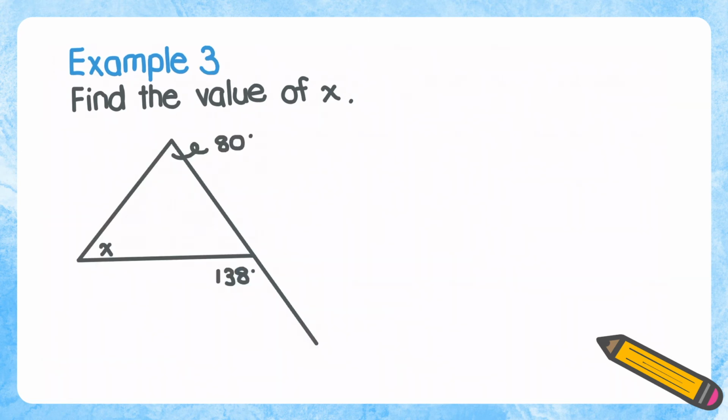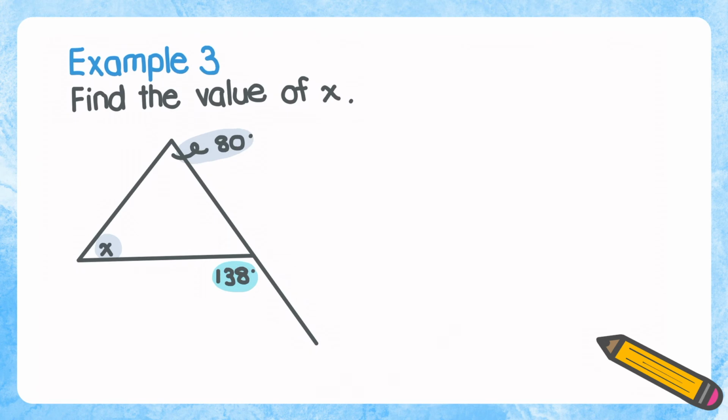Here's example 3. We're going to find the value of x. Go ahead and try this example on your own, and then press play when you're ready or if you get confused. This is our exterior angle measure, and then here are the two angle measures for the remote interior angles.